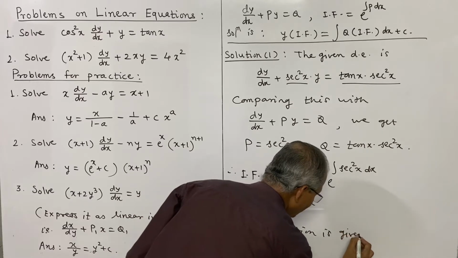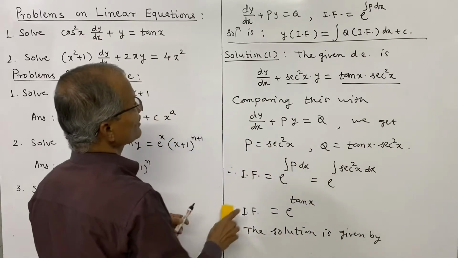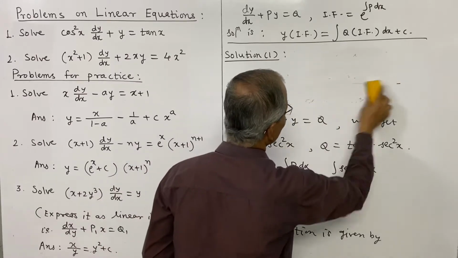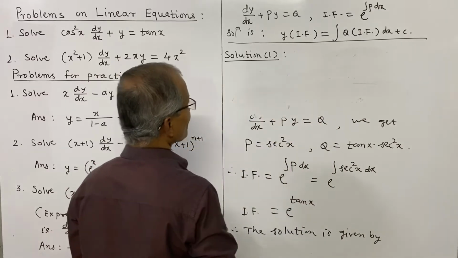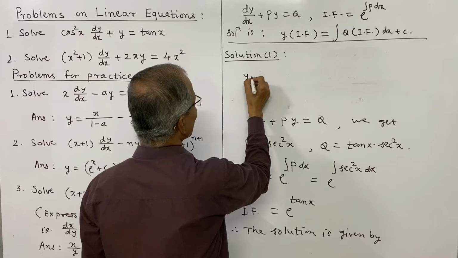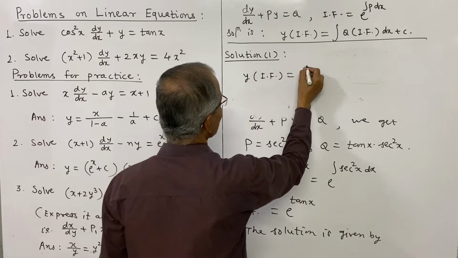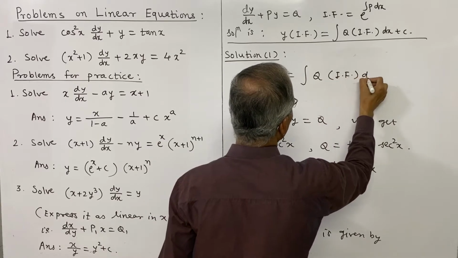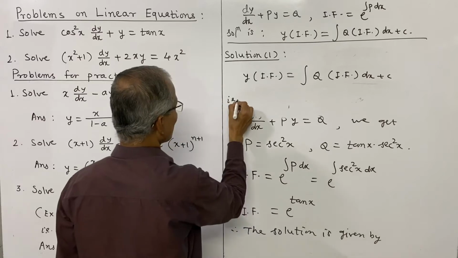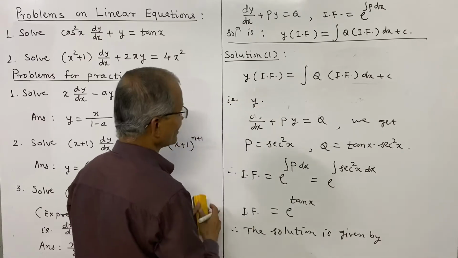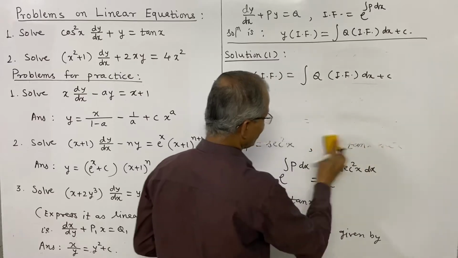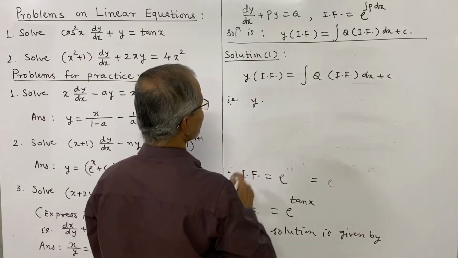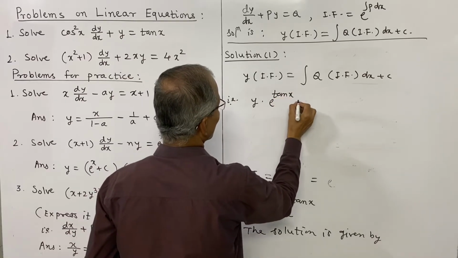So, what is the solution? The solution is given by y into IF is equal to integral q into IF dx plus c. What is the IF? The IF is e power tan x, and therefore, that will be y into e power tan x, and the right side is the integration of q.